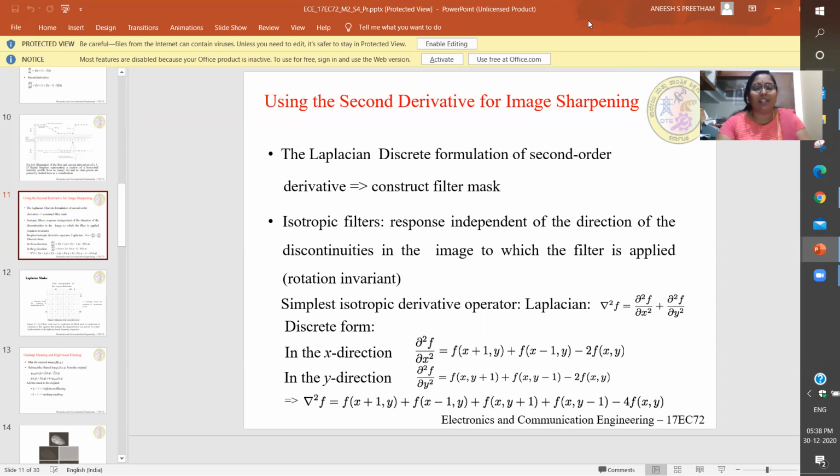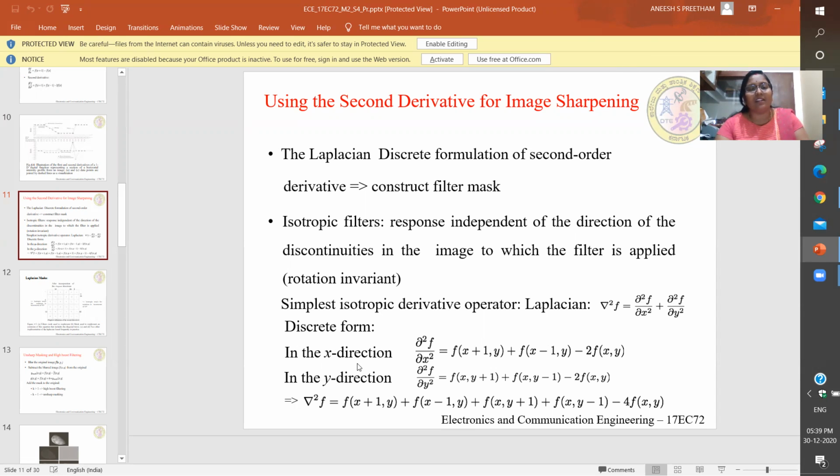The simplest isotropic derivative operator, the Laplacian, is given by del square f is equal to del square f divided by del x square plus del square f divided by del y square.